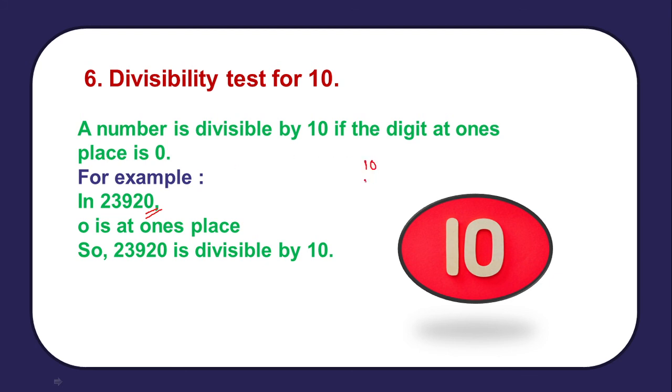If I start writing the table of 10, 10 ones are 10, 10 twos are 20, 10 threes are 30, 40, then 50. If you observe the last digit, everywhere you have got 0. So whenever a number has a 0 at the end, or at the ones place, that number will compulsorily be divisible by 10.